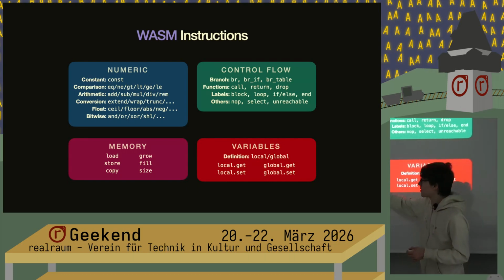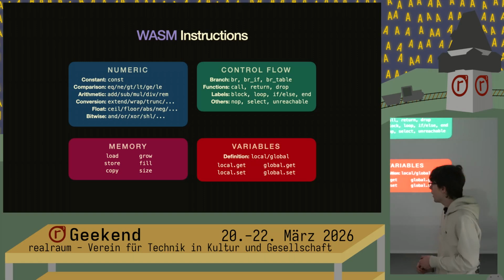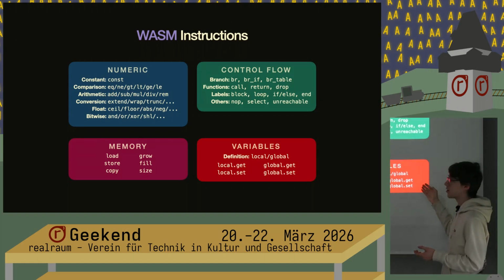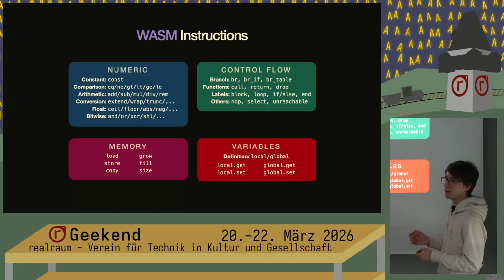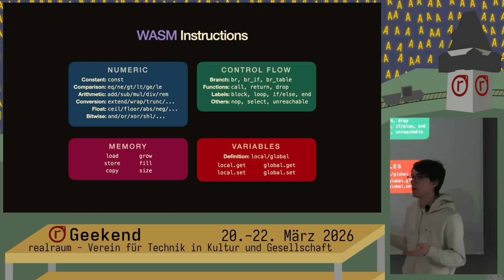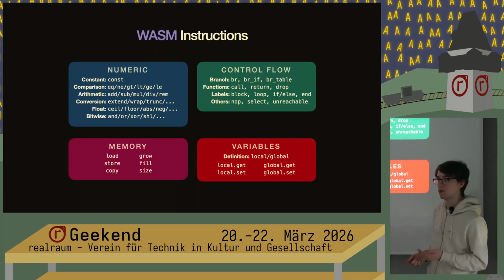You have memory, essentially load and store. And then you have, as I said before, local and global variables that you can get and set. And this is the entire overview of the WebAssembly instruction set, which, as you can see, is quite limited. But if you think that this is an assembly language, this is Turing complete, and you can do pretty much everything with this.